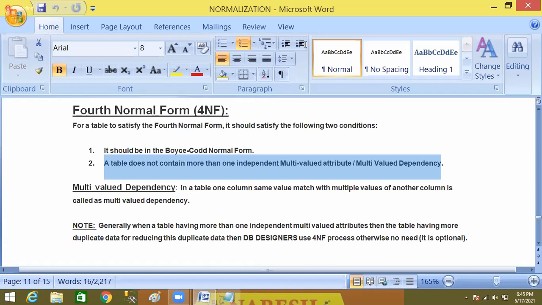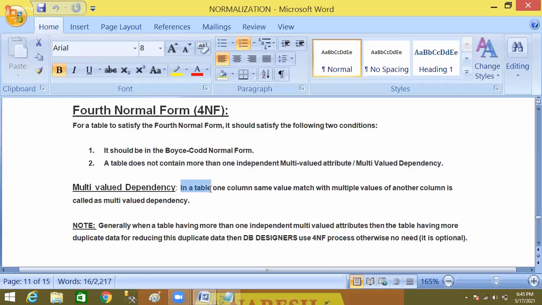Now the question is, what is multi-value dependency, sir? Observe, this is very important to read. Definitions are very, very important, guys, so understand them well.